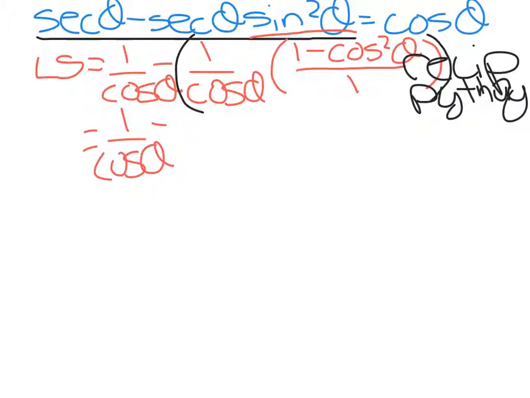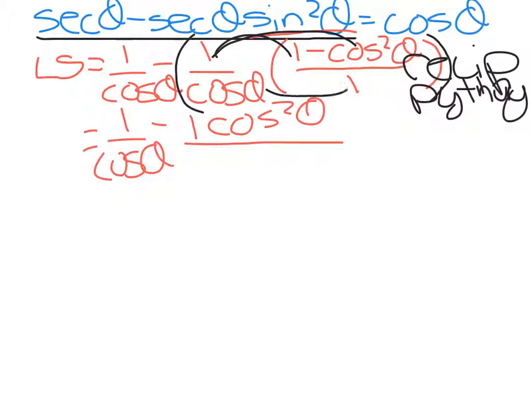So I know that 1 times 1 is 1. And 1 times cos squared theta equals cos squared theta. All over my cos times 1, which equals cos theta.